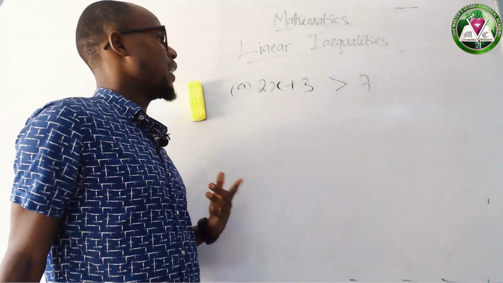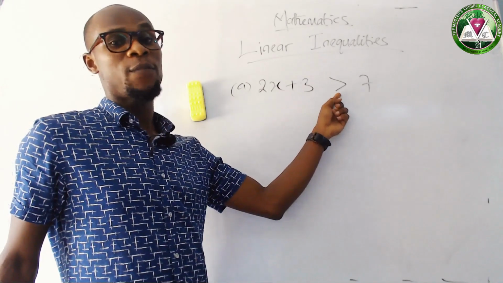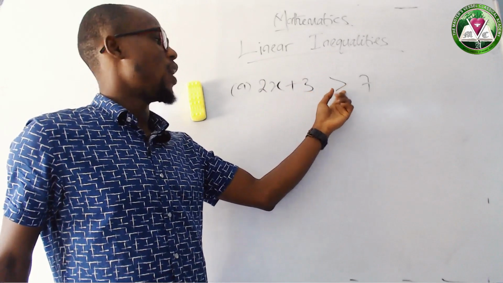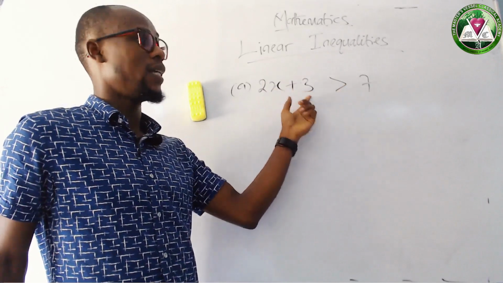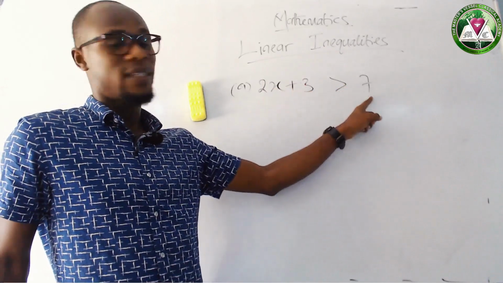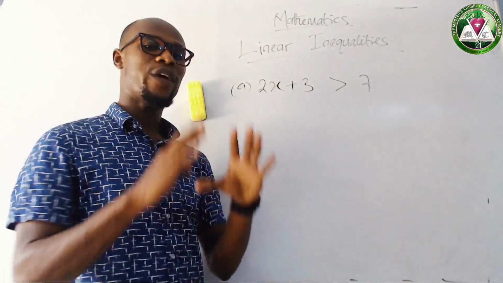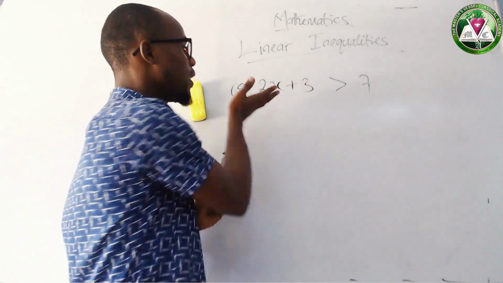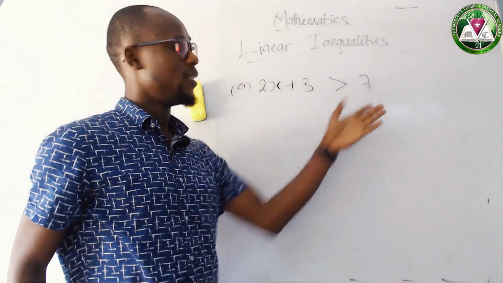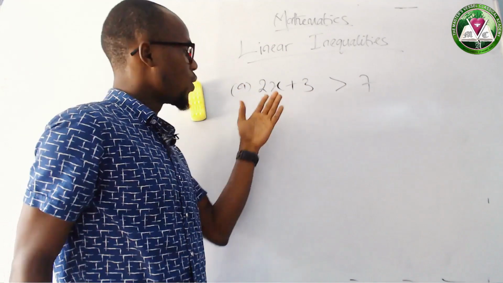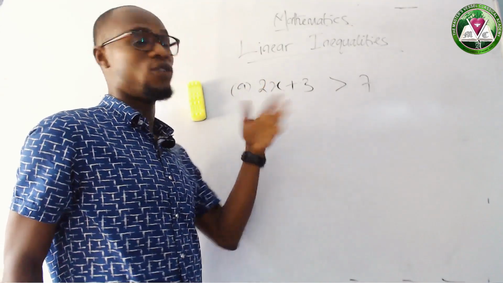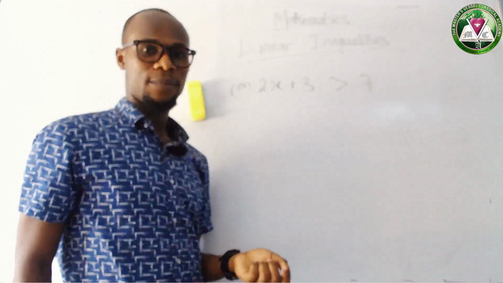The only difference is that we have to take note of the inequality sign. Because this is not an equation, we have an inequality that 2x plus 3 is strictly greater than 7. So we need to know the range of values that will always make the left-hand side greater than the right-hand side. That's what we're going to solve for, to get the range of values, or the solution, of x.